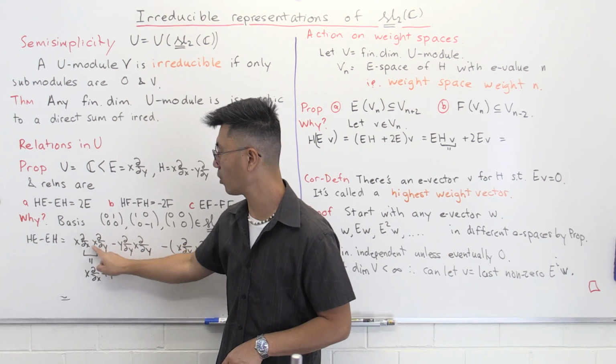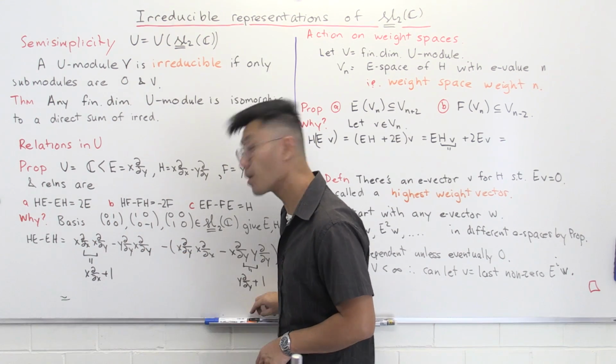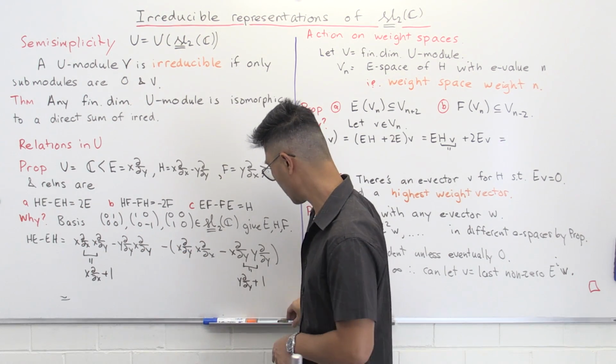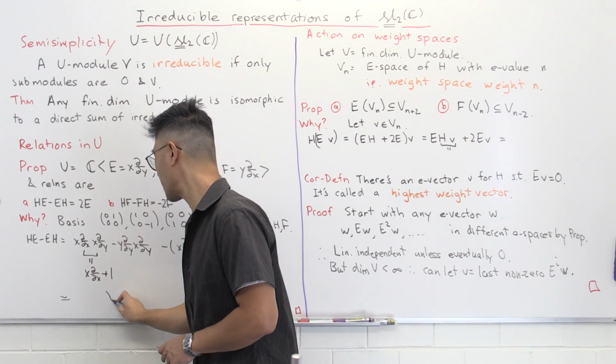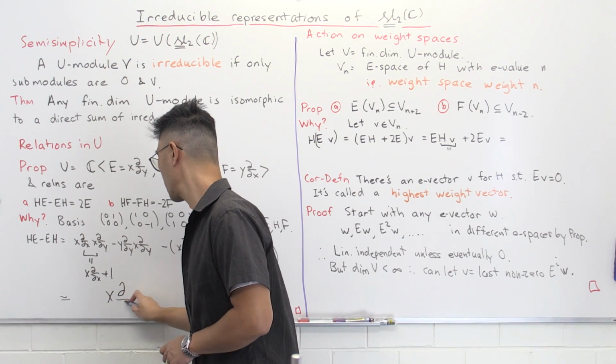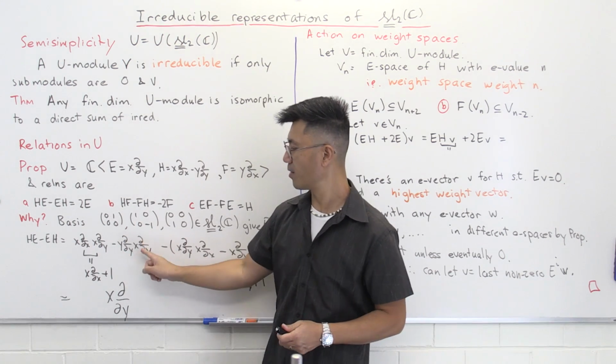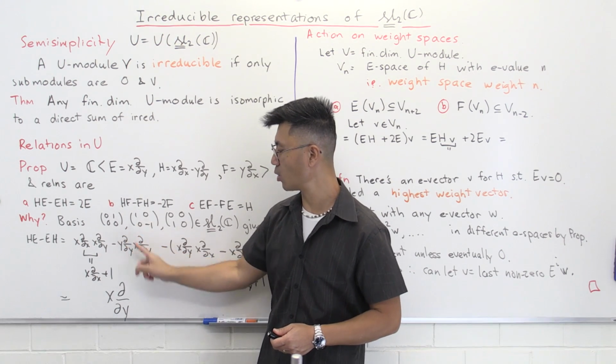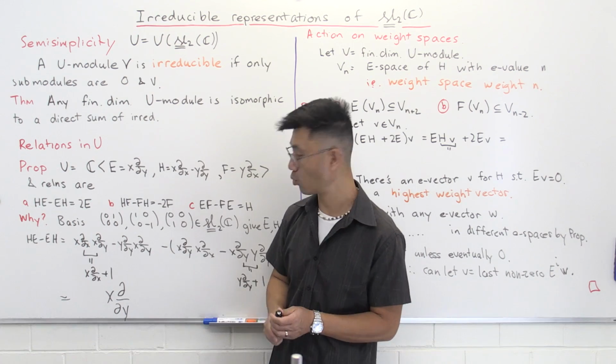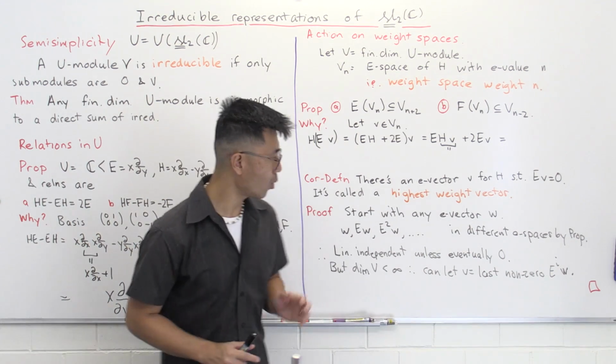So you have 1 in the middle here, so you have x times d dy. We'll write that in. So we get there 1 copy of x times d dy. Here, these commute, so you get xy times d squared dy squared. What about on this side?